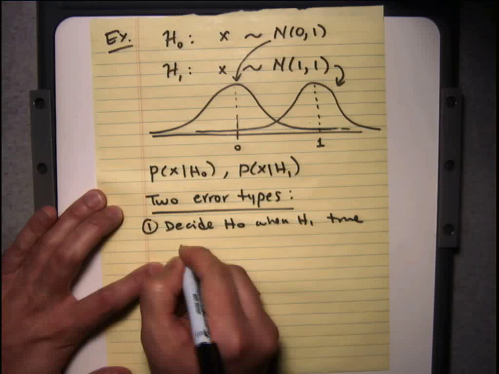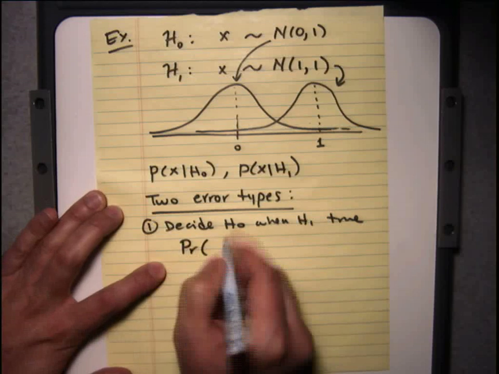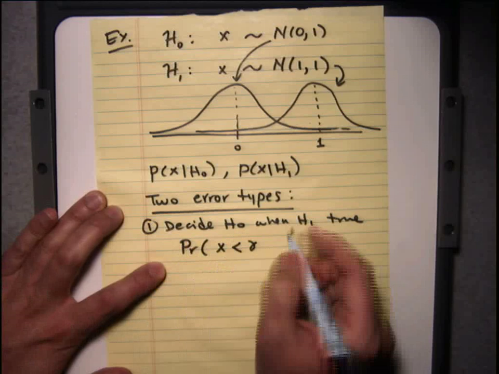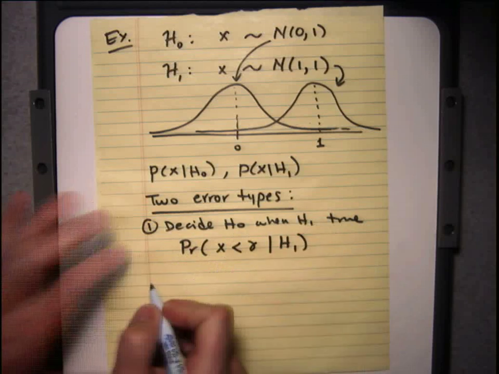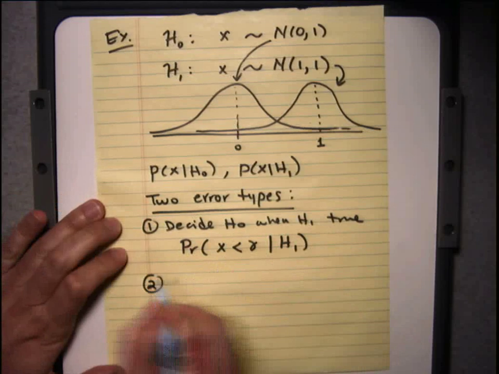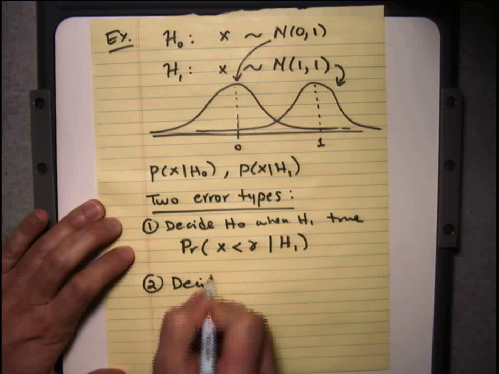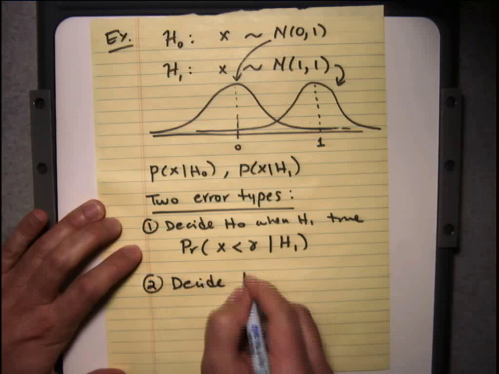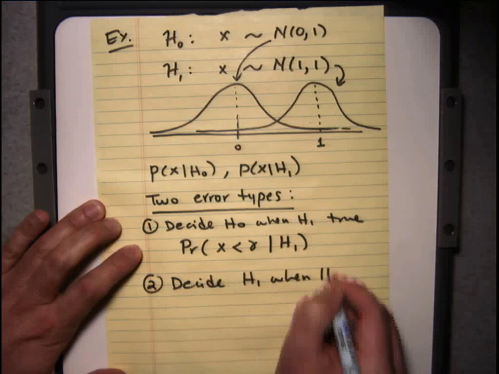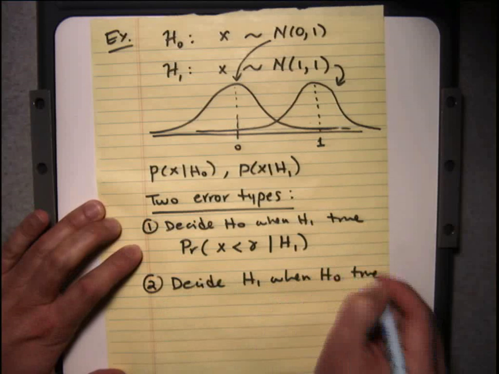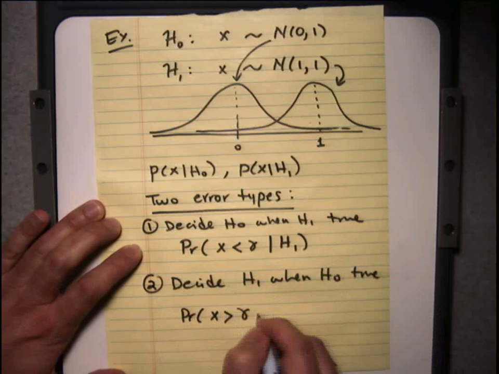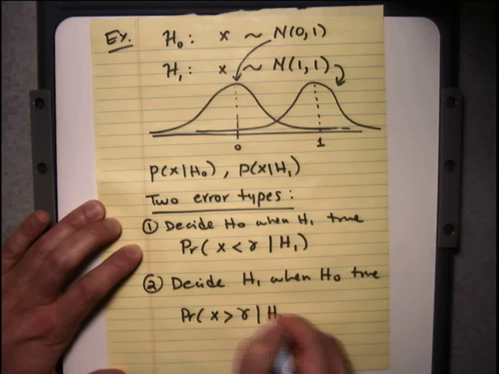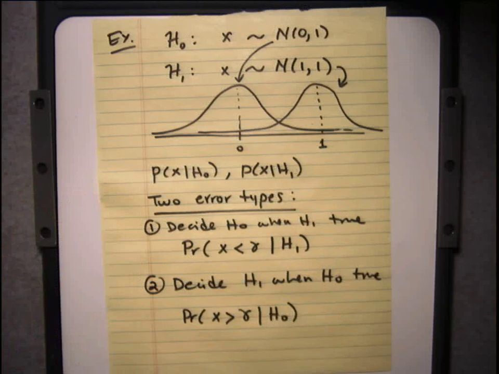Well, I can measure the probability that x is less than some threshold gamma given H1. And the second one is you decide H1 when H0 is true. This is the probability that x is bigger than gamma given H0.